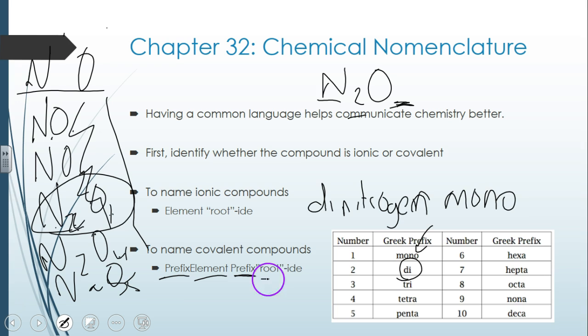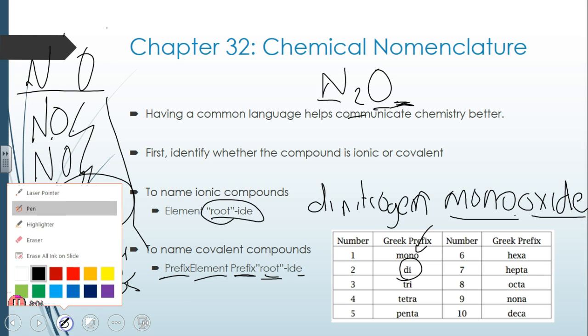Then we do the root-ide, exactly the same as that. So what's the root of oxygen? Ox. And then we add "ide." Now, the only thing that I was going to say, but I waited until the end, is that if we were to pronounce this mono-oxide, it sounds weird.